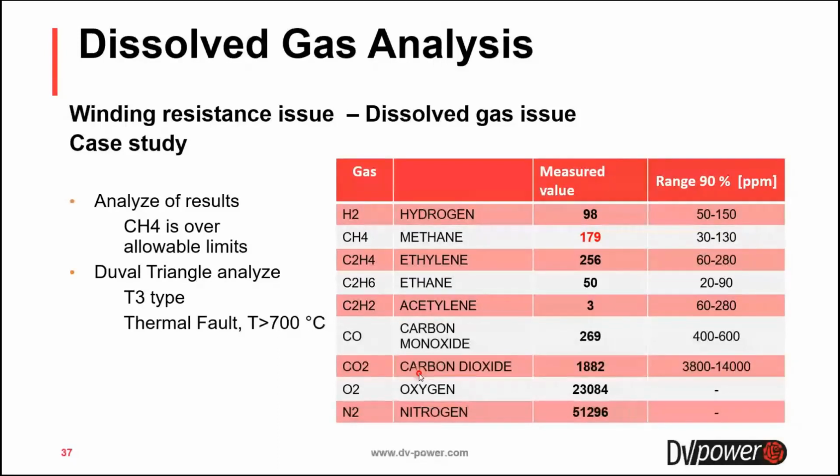The results show that methane is over allowable limits, and with the Duval triangle analysis we marked that in the transformer it's a T3 type thermal fault, a thermal fault with temperature above 700 degrees.